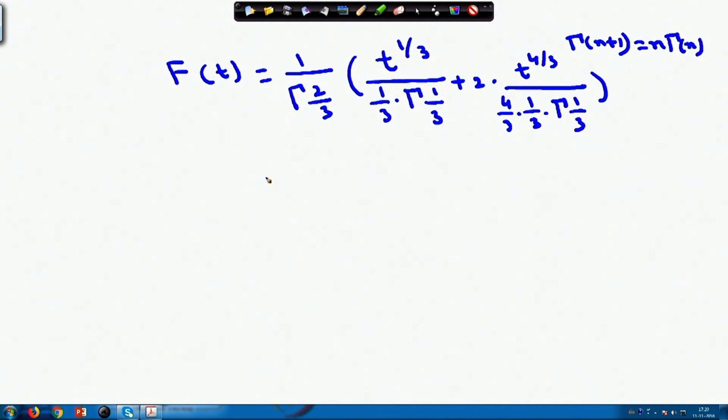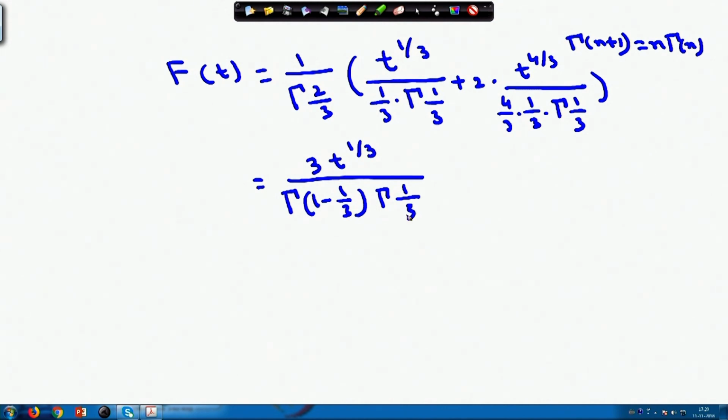So this again, if you simplify, becomes 3 into t to the power 1/3 by gamma 2/3 into gamma 1/3, into 1 plus 3 by 2 into t.